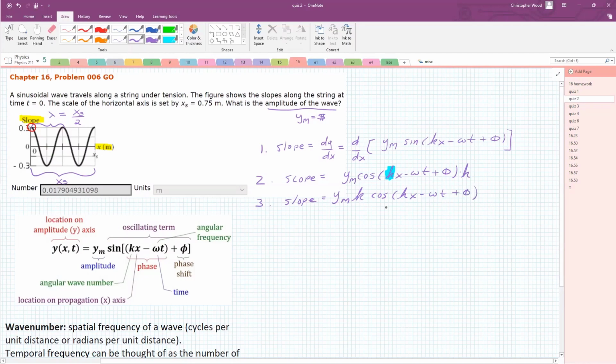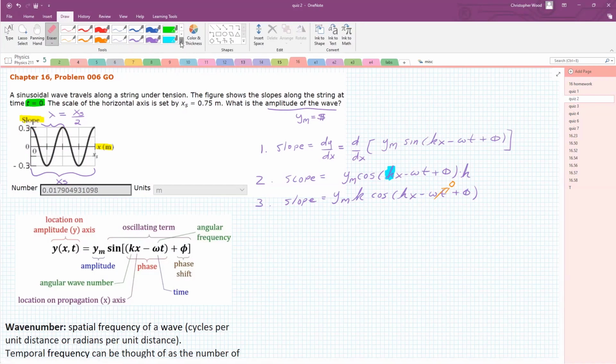All right, so now you're looking at this graph, which is basically a snapshot at time equals 0. So let's talk about some low-hanging fruit. This graph is what's happening at time equals 0. I'm going to look at this point right here that I circled in red, at x equals 0.